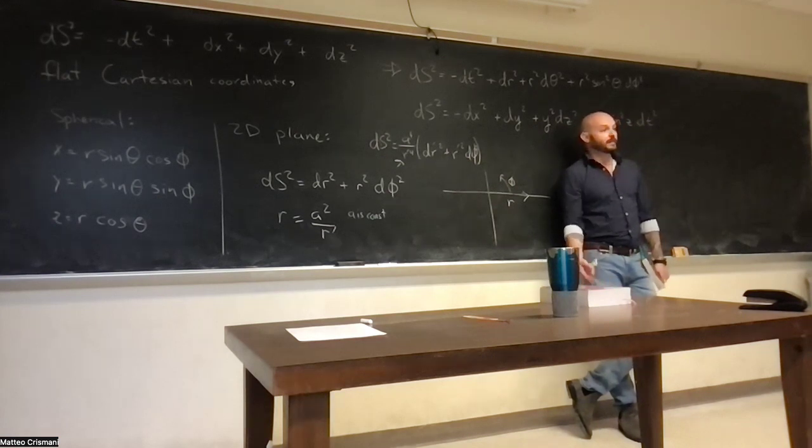But remember what we said about coordinate transformations. We wanted ds squared to be what? Same for everything. We said that ds squared should be an invariant quantity under any transformation, and that includes coordinate transformations.